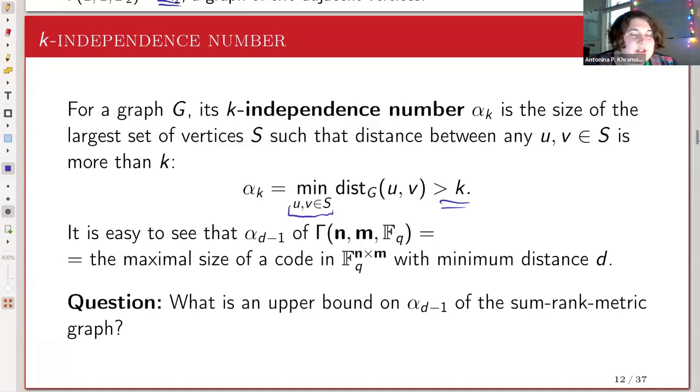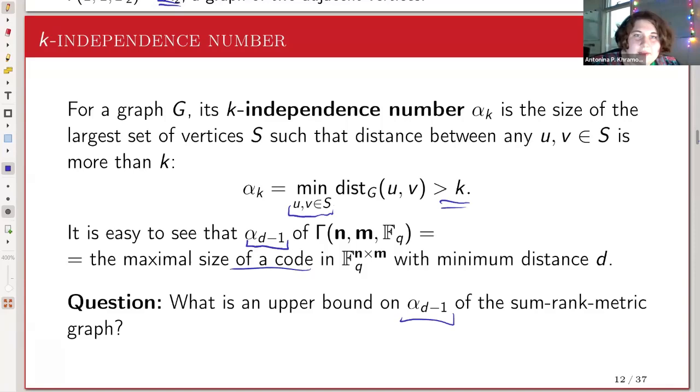So this is related to the maximal size of a code with minimum distance. Actually, alpha d minus 1 is exactly the maximal size of a code with minimum distance d. So our question from before on upper bounds on the size of the code becomes now a graph theoretical question. What is the upper bound on alpha d minus 1, the d minus 1 independence number?